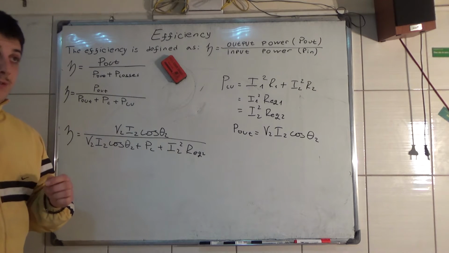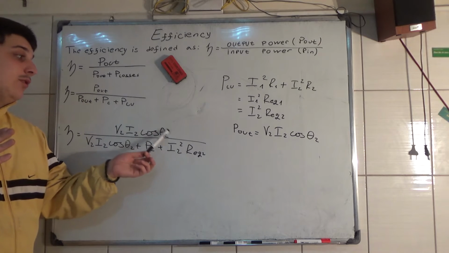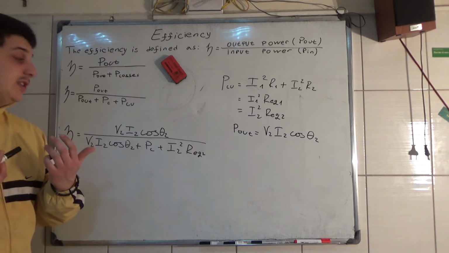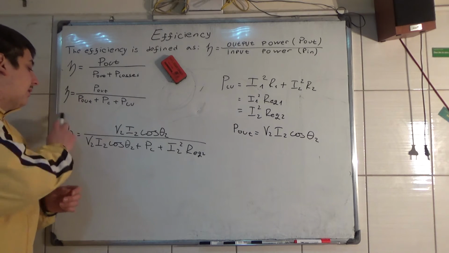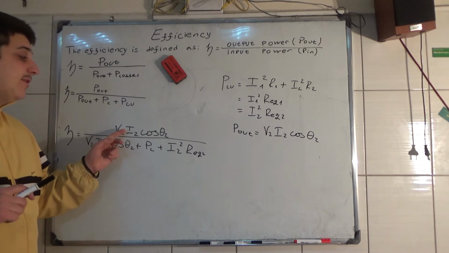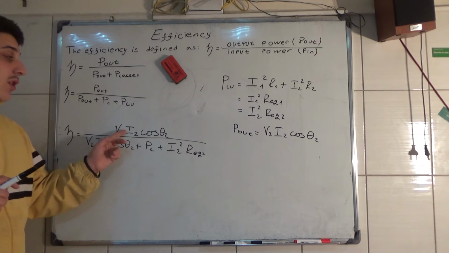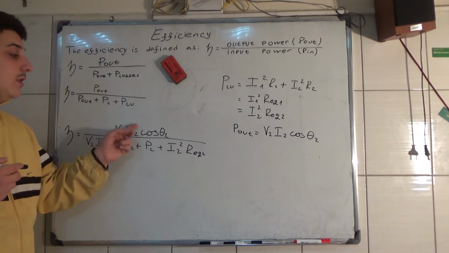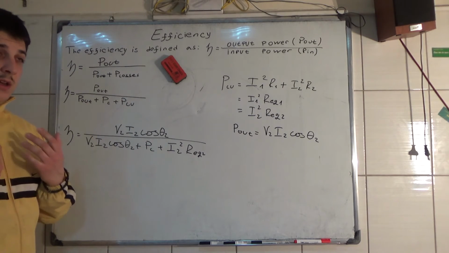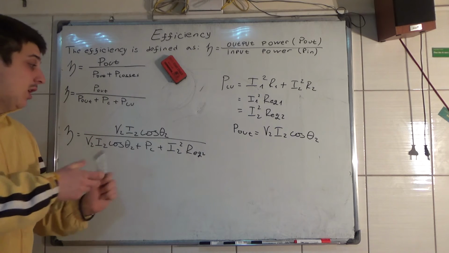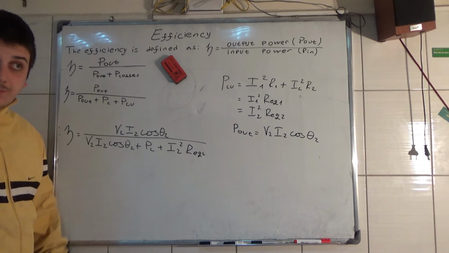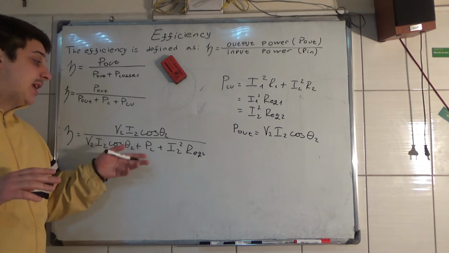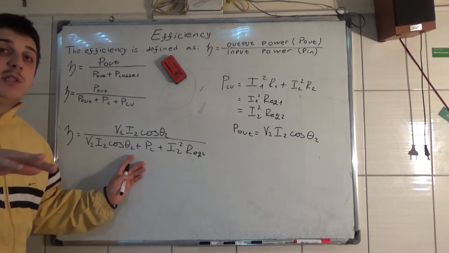And if you say that cosine theta 2 is a constant, then you can see that the efficiency of the transformer depends on the load, so on the drawn current on the secondary. If you have a constant voltage on the primary and on the secondary, the core losses always stay the same.